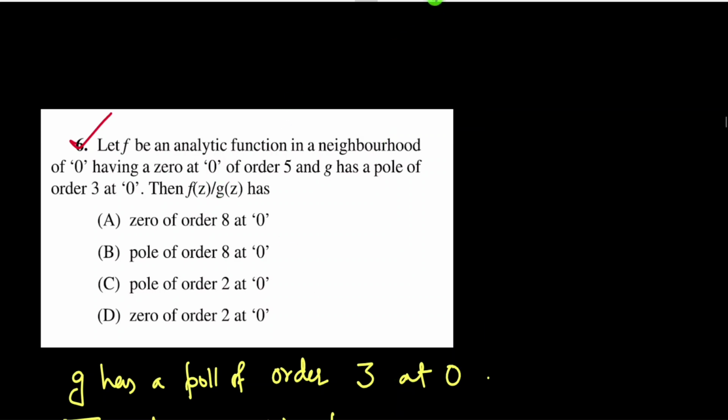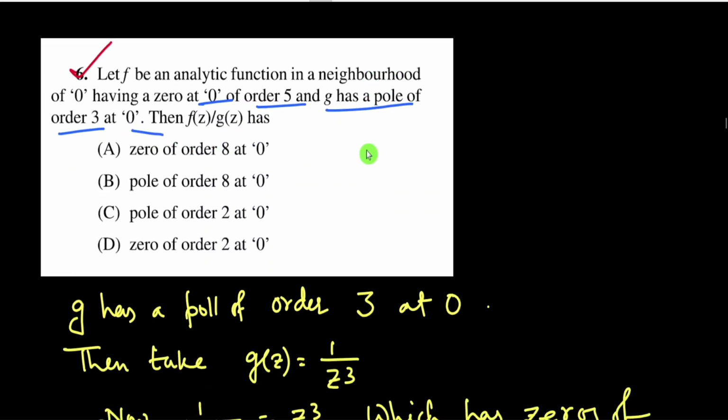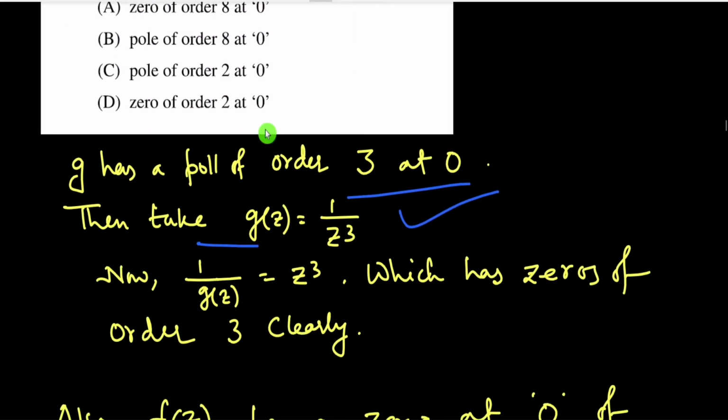Let f be an analytic function in a neighborhood of 0 having a zero at 0 of order 5 and g has a pole of order 3 at 0. Since g has a pole of order 3 at 0, we can take g(z) equal to 1/z^3. And now 1/g(z) equal to z^3, which has a zero of order 3 clearly.